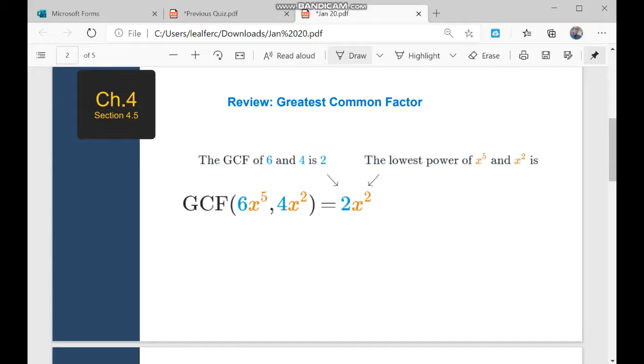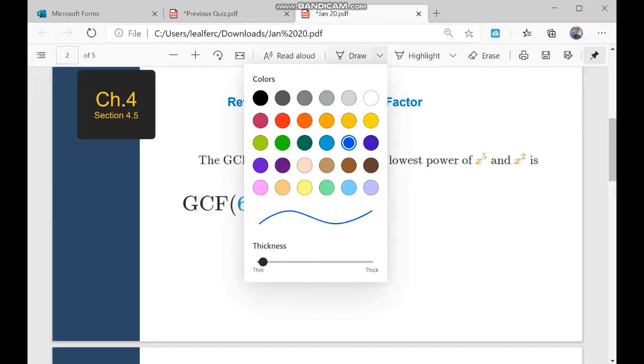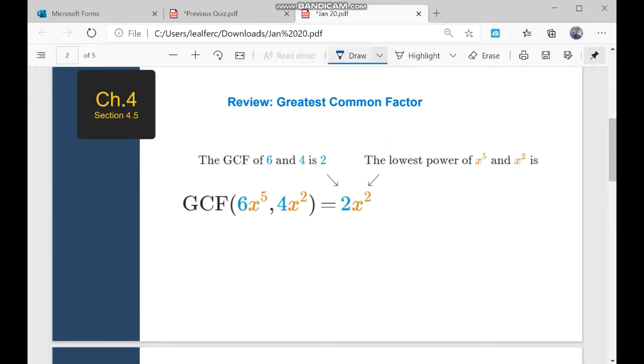Then we worked yesterday on factoring the greatest common factor out of a polynomial. The number is not easy. You have to do some calculations and find the factors of the number. But if you have a factor with a variable, then I think it's a bit easier to find the greatest common factor, because it's going to be the lowest power.